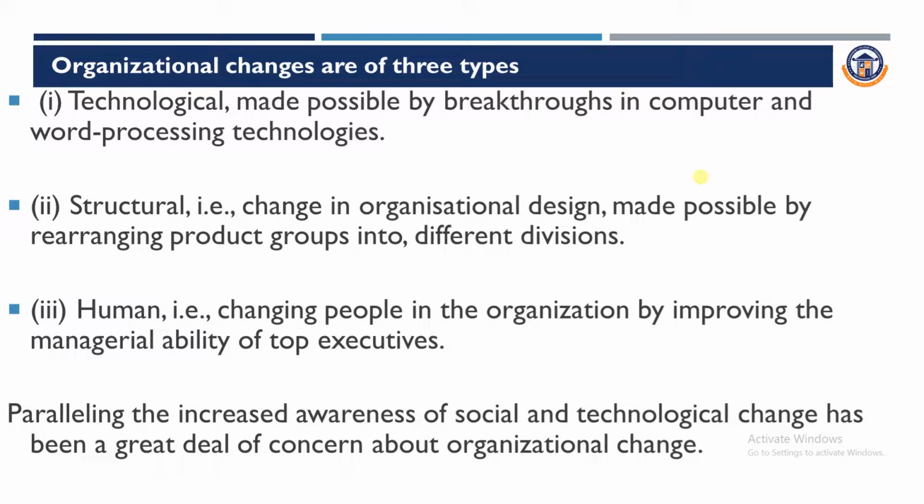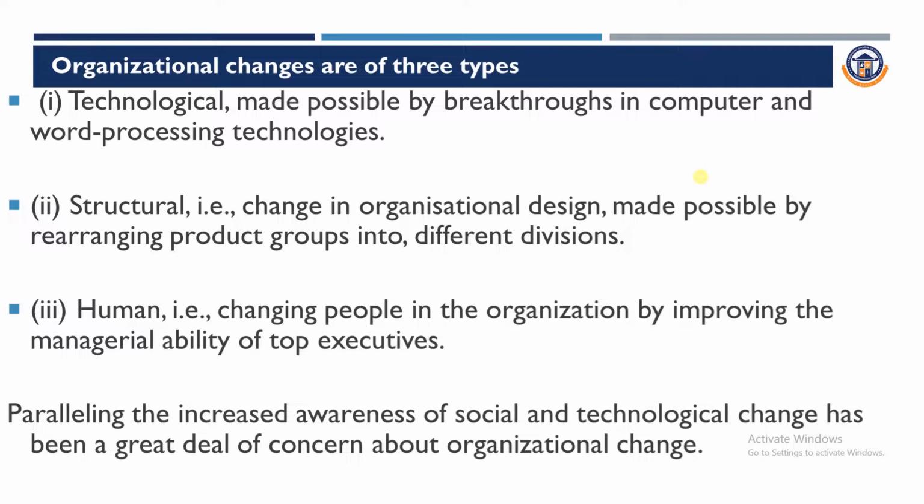And next, there are basically three types of changes: technology, structural, and human, broadly classified on the basis of their functions. Technology based change is when you bring a new, updated technology into your organization.